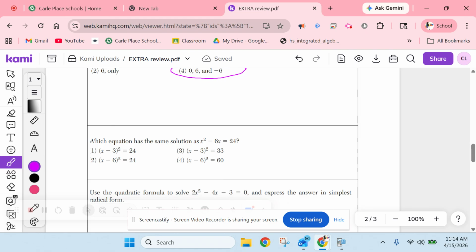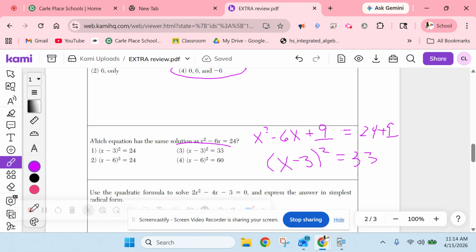All right, so this is going to be completing the square, so minus 6x plus I don't know equals 24 plus I don't know. Half of negative 6 is negative 3. Negative 3 squared is 9, so you add 9 to both sides. That's going to give me x minus 3 squared equals 33.